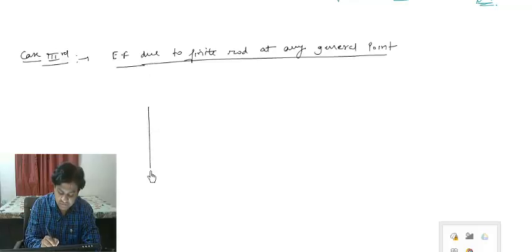So let's say I have a rod like this, a finite rod, and at some distance r there is a point P.